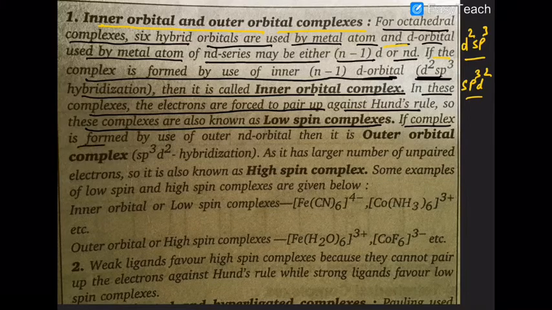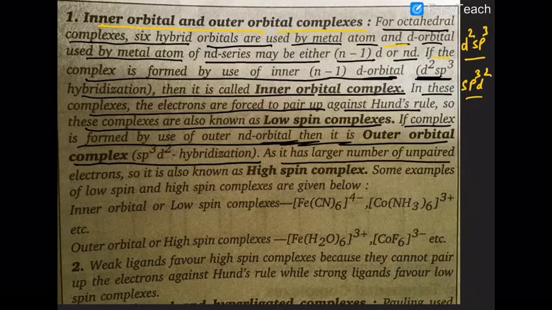But if the complex is formed by using the outer nd orbital, then it is called an outer orbital octahedral complex, and it has a large number of unpaired electrons. So it is a high spin complex, more paramagnetic in nature. For example, inner orbital octahedral: Fe(CN)6 4-, Co(NH3)6.